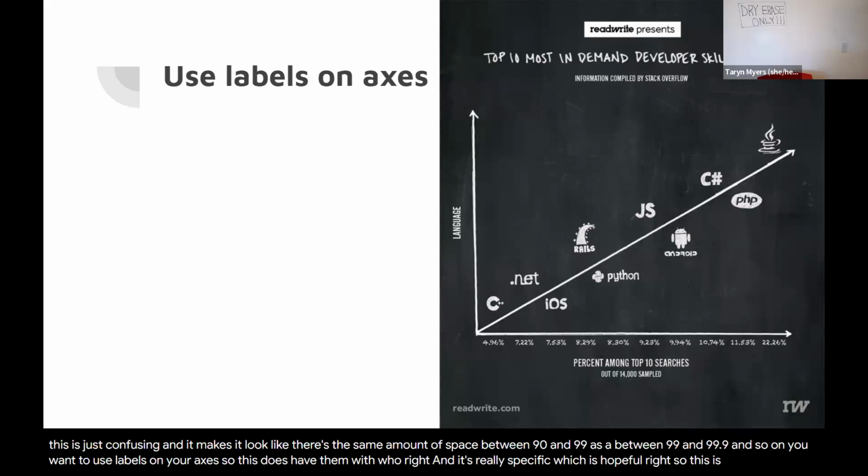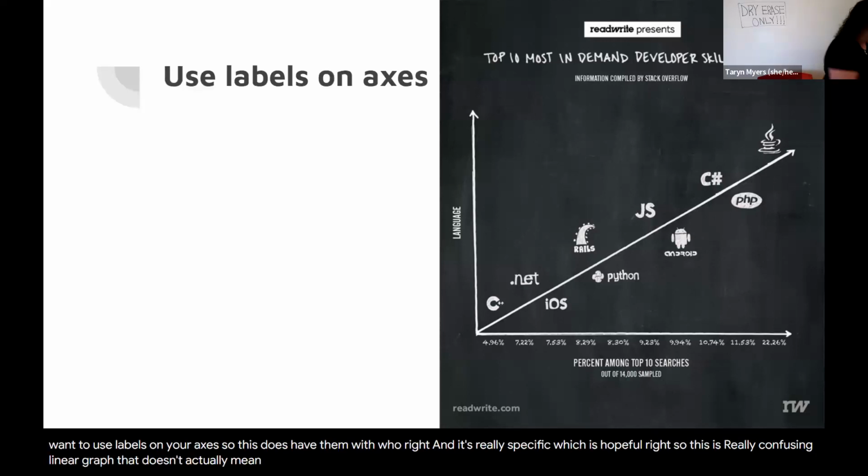However, this makes it seem like the languages themselves are somehow moving, right? It's conflating 2 pieces of information, right? This would probably be a better bar graph, maybe with the languages on the bottom and the percentages over here. It just is a really confusing line graph that doesn't actually mean anything.